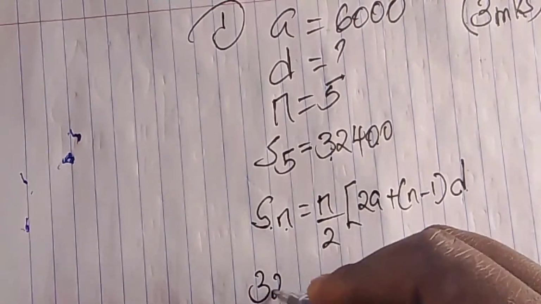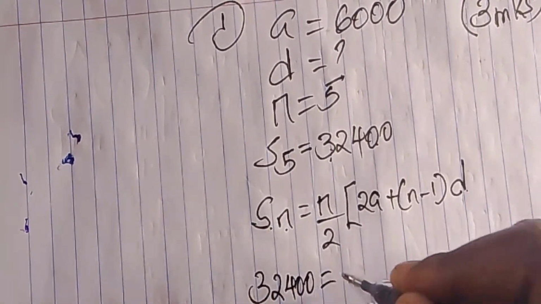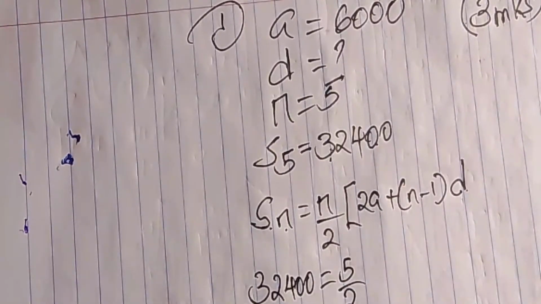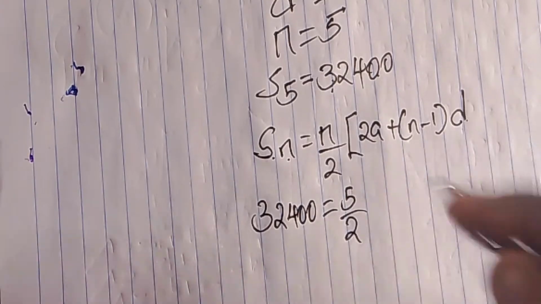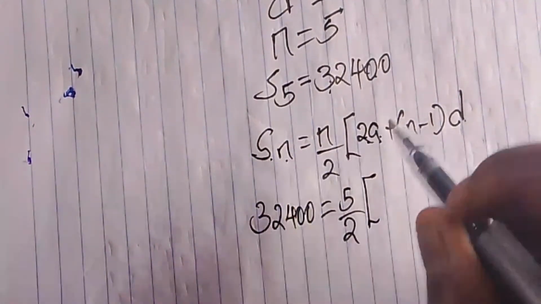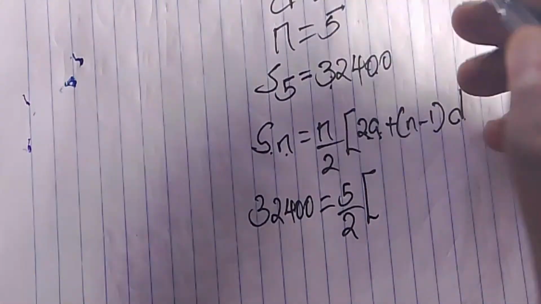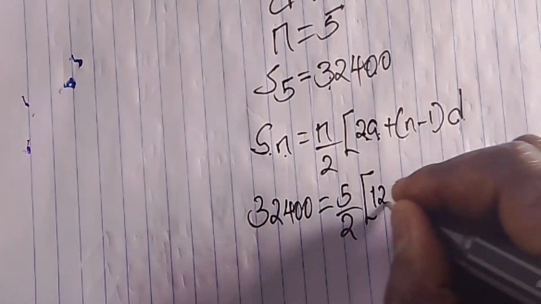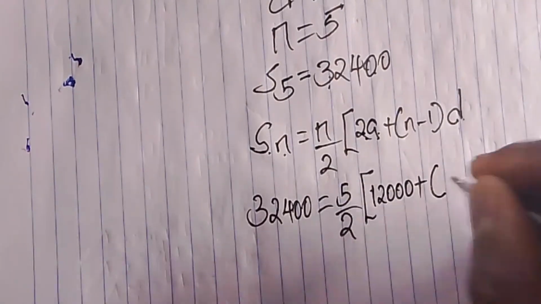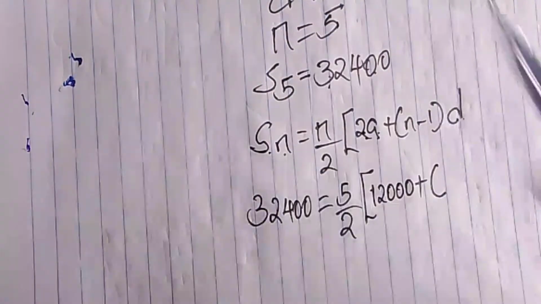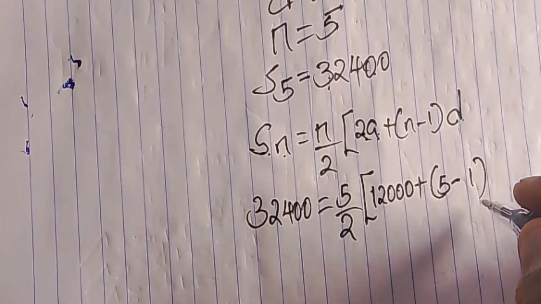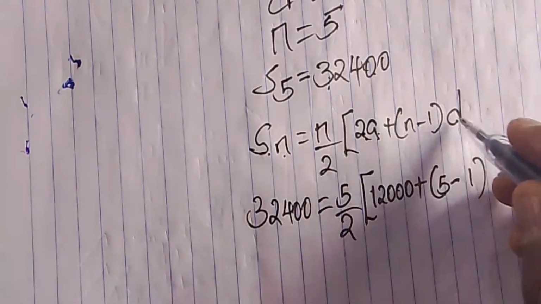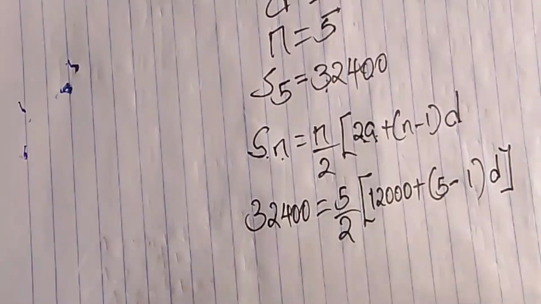So 32,400 is equals to 5 over 2 into brackets 2A itakuwa 2 times 6,000 ambayo ni 12,000 plus N minus 1, our N is 5, so 5 minus 1 times D. Hatuna D, ndo tunatafuta.